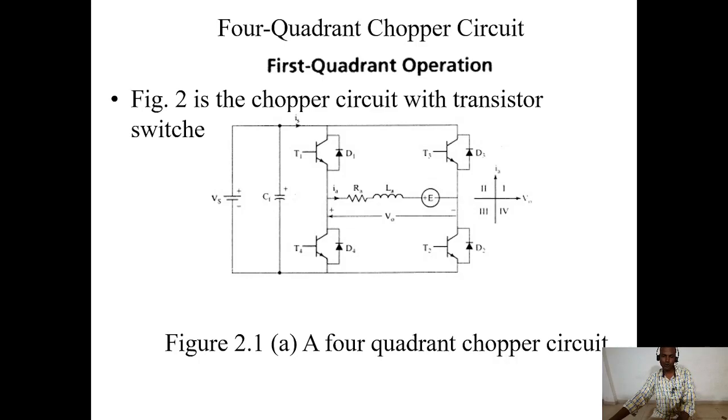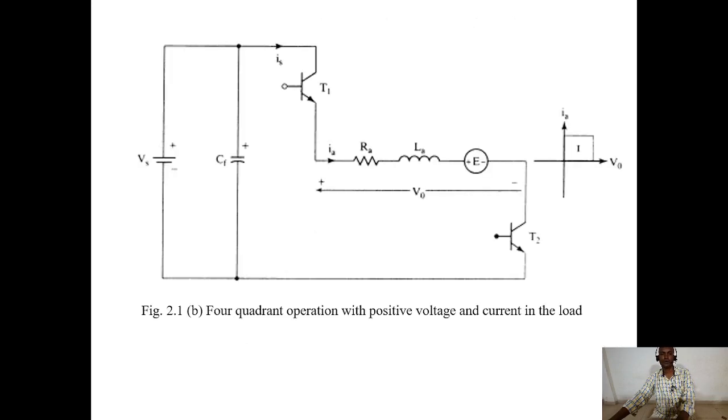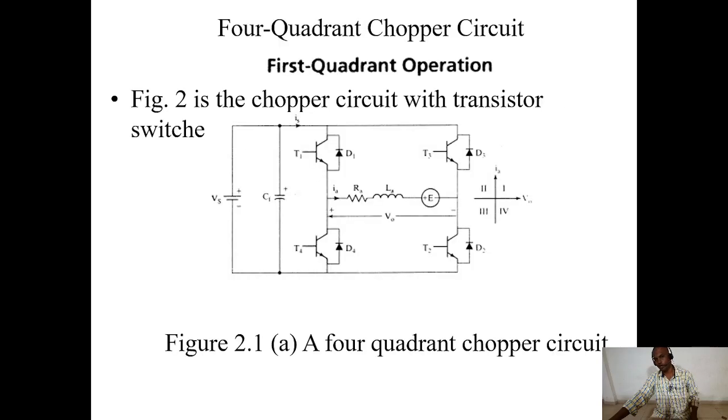In the 4-quadrant chopper circuit, we have the first concept, called first quadrant operation. In the first quadrant operation, we have to take two transistor models, T1 and T2. In the first quadrant, either T1 or T2 should be in the on state.